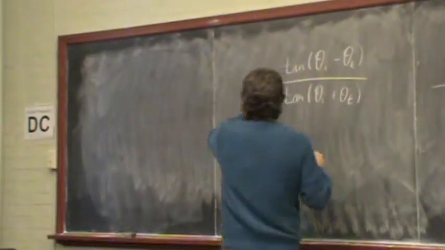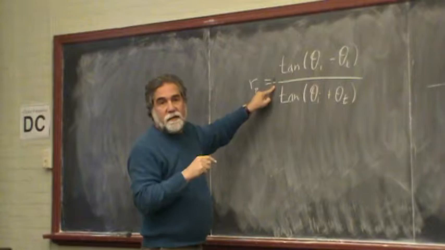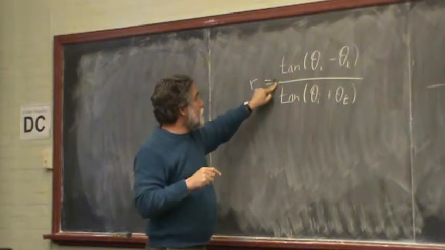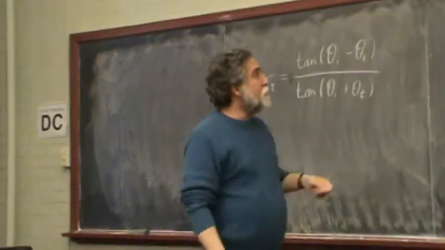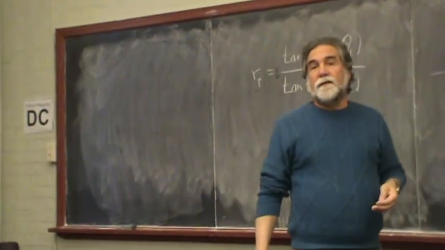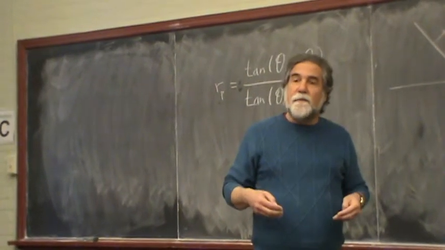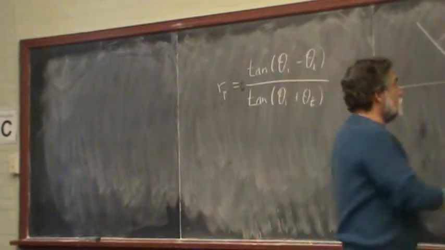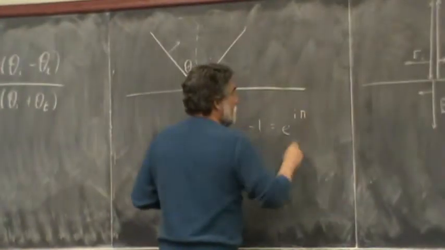So this could have a minus sign or it could not have a minus sign, depending upon the definition of the directions of the field. I'll take it out for a moment because what we want to do is decide whether the sign of this reflection coefficient changes. And if the sign changes, that's the same as multiplying the field by -1, which is e to the i pi.